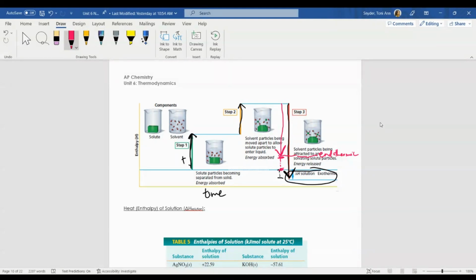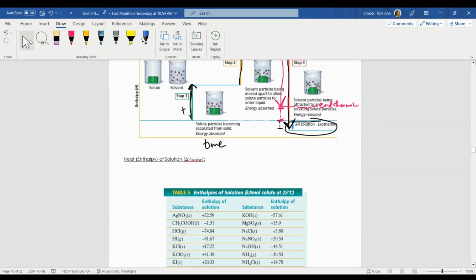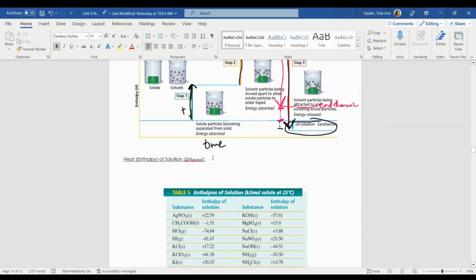So we're starting to bring in those reaction profiles with these as well. And the more we look at them, I think the more comfortable you'll get with them. But that's how we can tell whether a heat of solution will be positive or negative. So let's define the heat or enthalpy of solution. And just to reiterate, enthalpy and heat mean the same exact thing for us at this point in our chemistry careers.